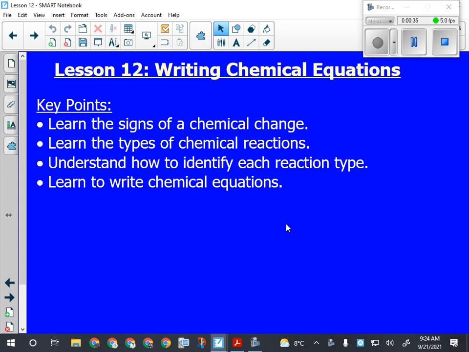Now, here's the thing. Being able to write a chemical reaction in either word or equation form requires you to be a master of writing names and formulas for chemical compounds. If that is something that you are still struggling to do consistently, then you need to practice it.